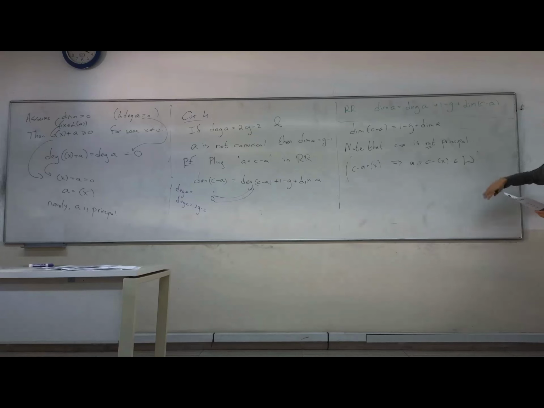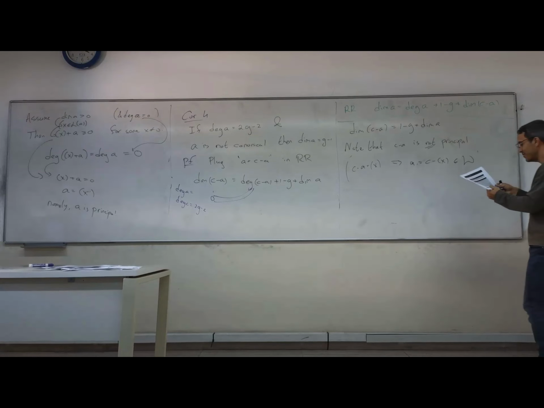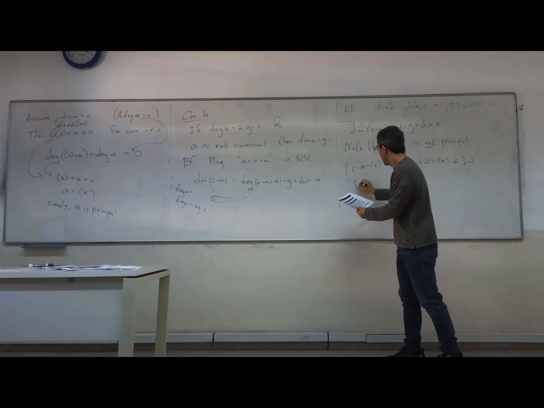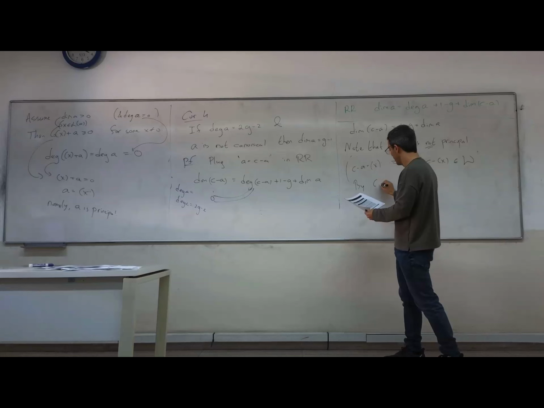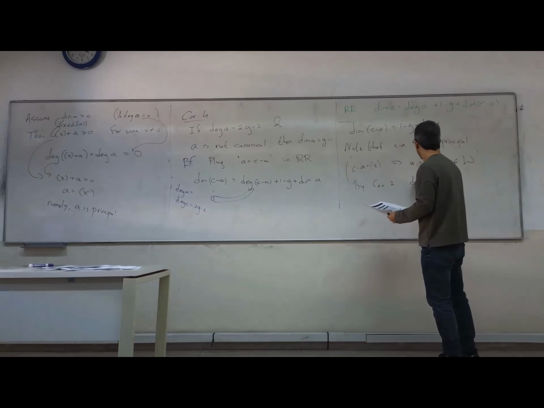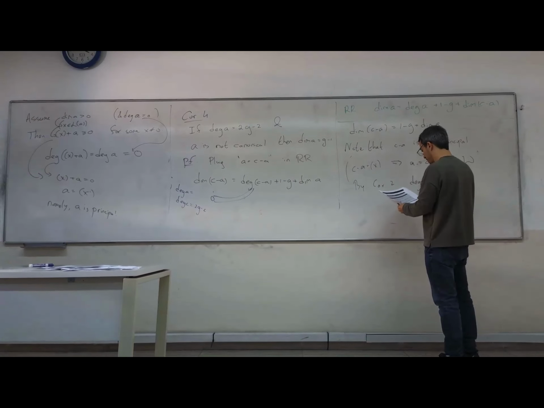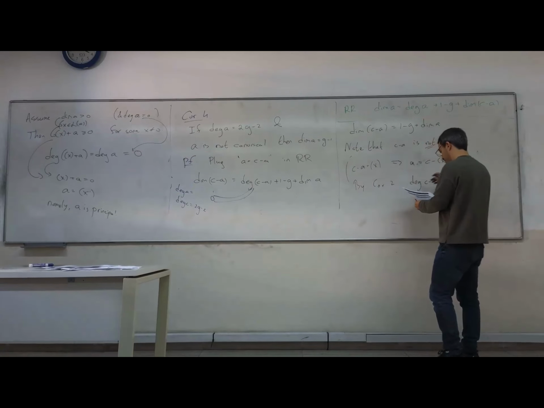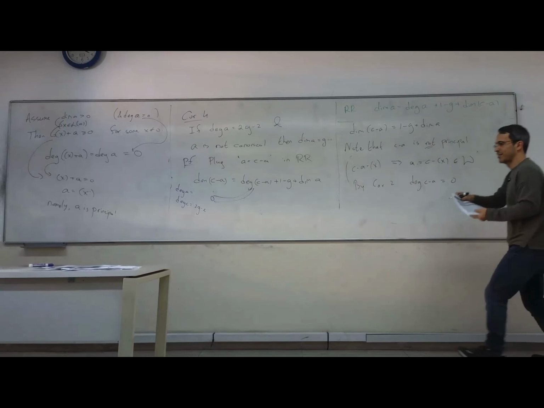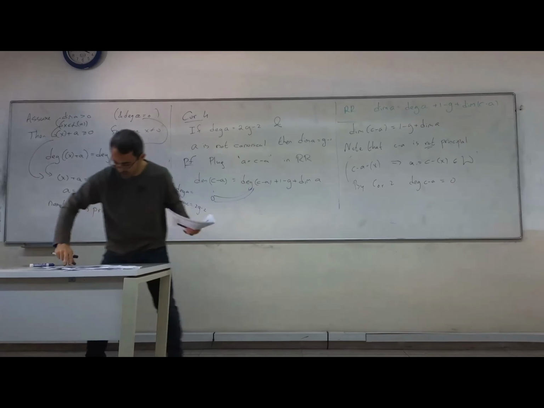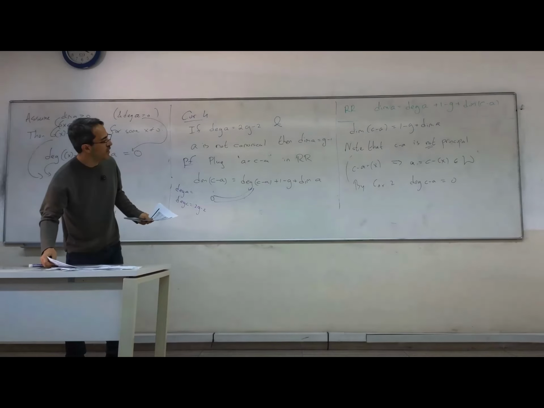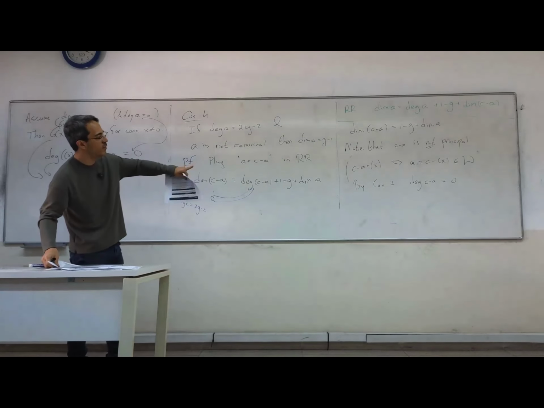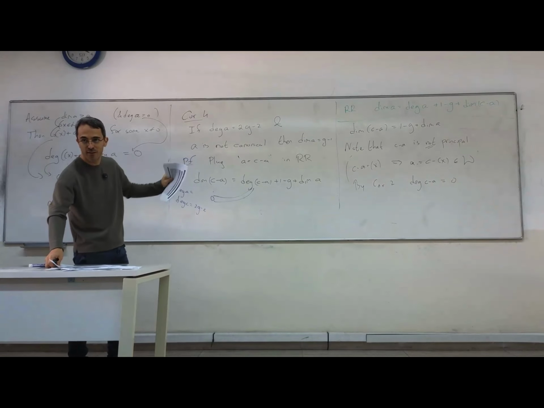We know that, and by the previous thing we did, the degree of C minus A is 0. The corollary is something that we know: the degree of C minus A is 0 because the degree of both of them is 2g minus 2.